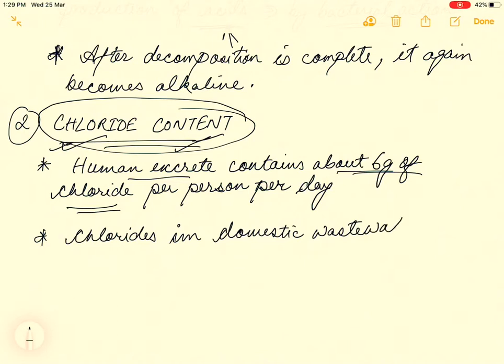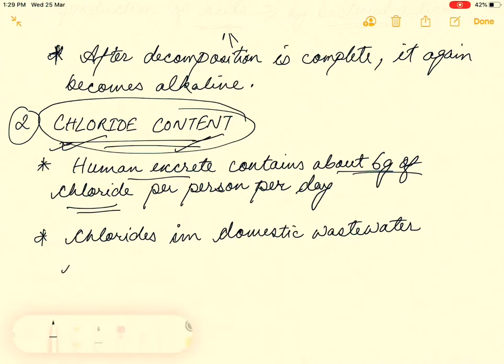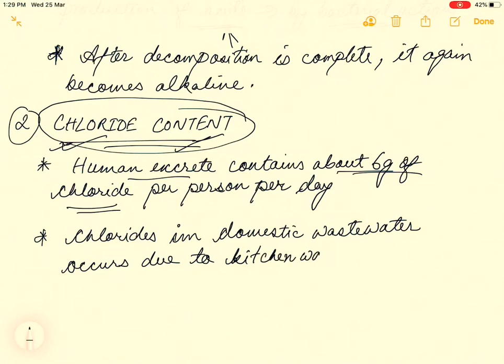Chloride in domestic wastewater occurs due to kitchen waste, obviously because salt is used in the kitchen, and some fruits and vegetables may have chloride in them.